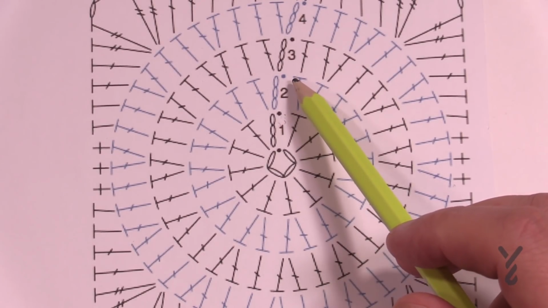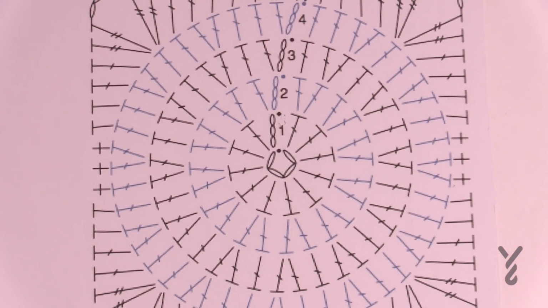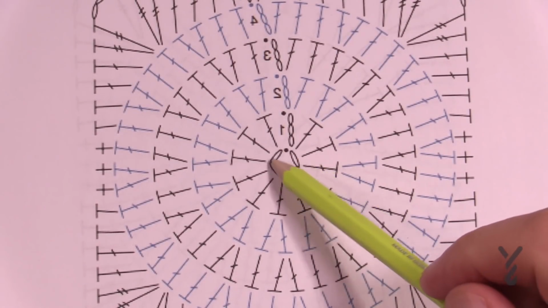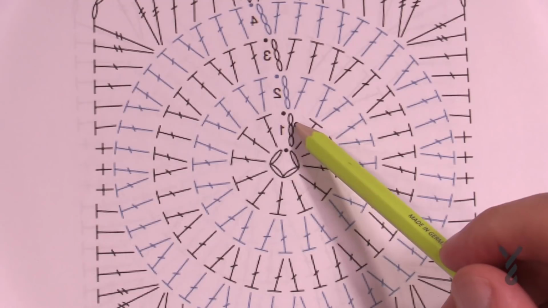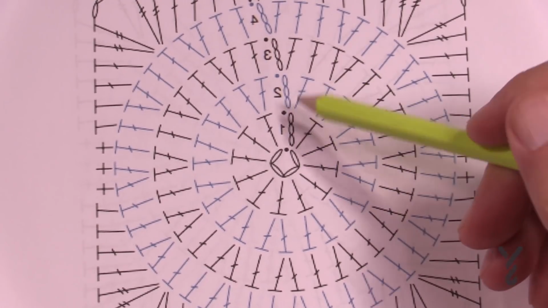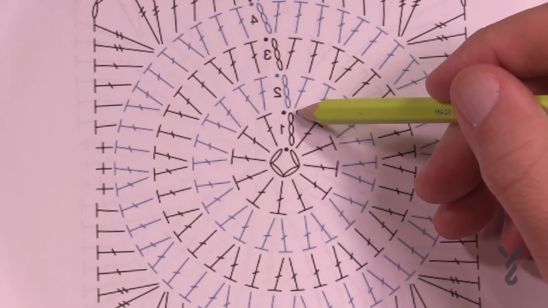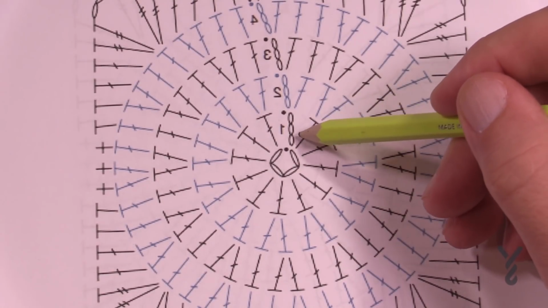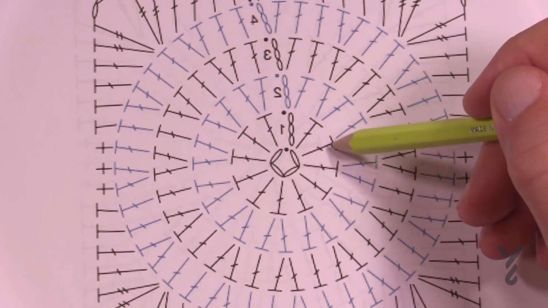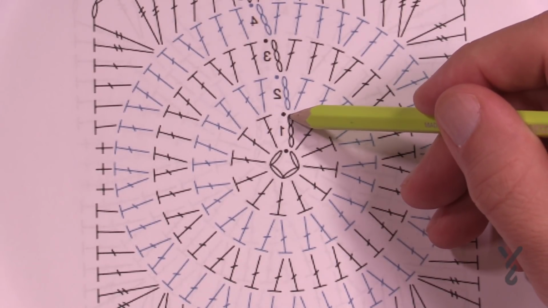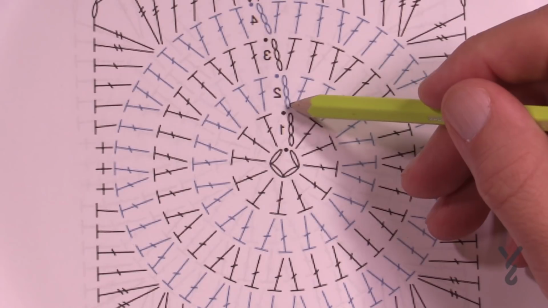Now the other diagram was backwards. Let's take a look at that. When you flipped it, you still did your chain 4 and you still did your chain 3. But we know that the slip stitch is now on this side, so my eyes are immediately going to go right. So we chain up 3, we start our instructions, and the slip stitch is in the last set of instruction before joining, before moving up into the next round.